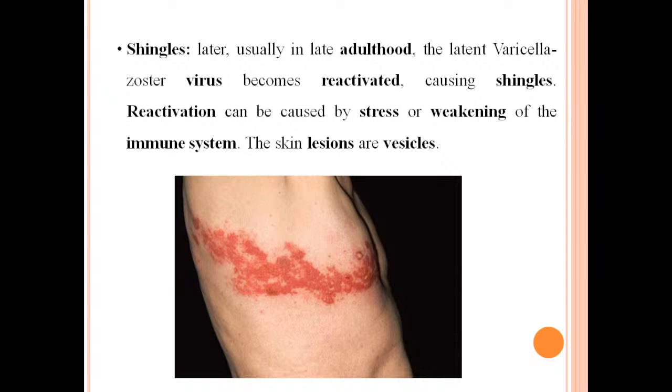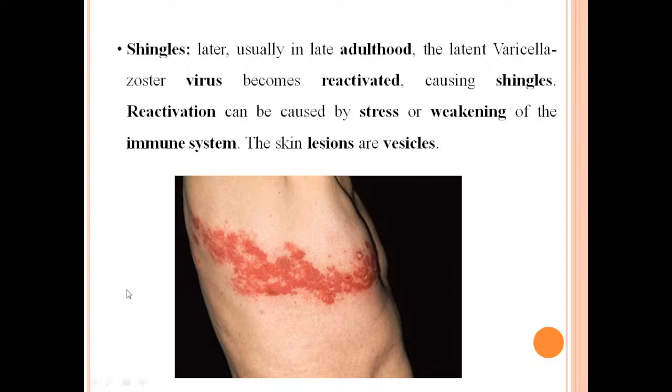Shingles is characterized by formation of lesions along peripheral nerves, where the virus reaches the skin. Reactivation of the virus can be caused by stress or weakening of the immune system.